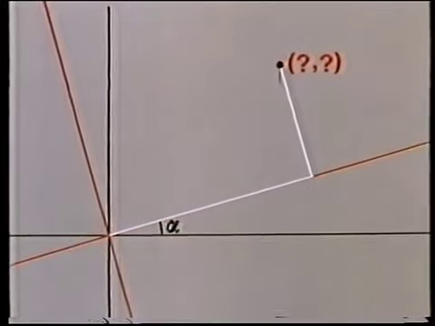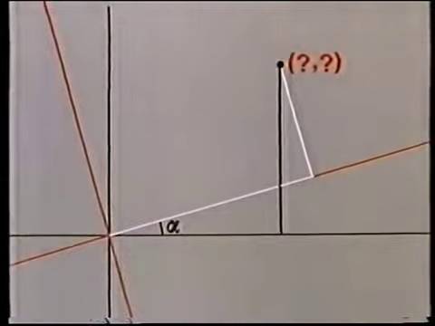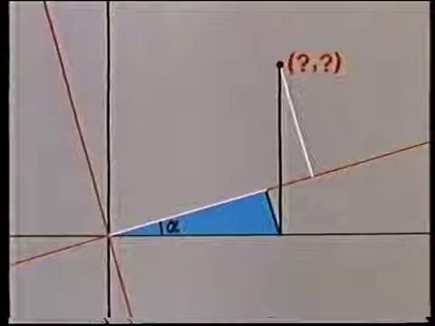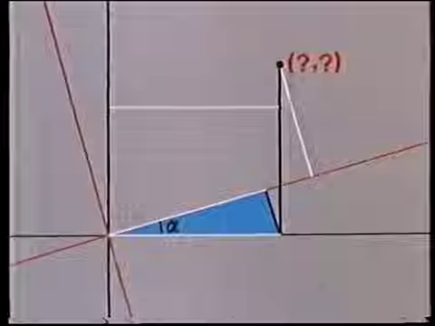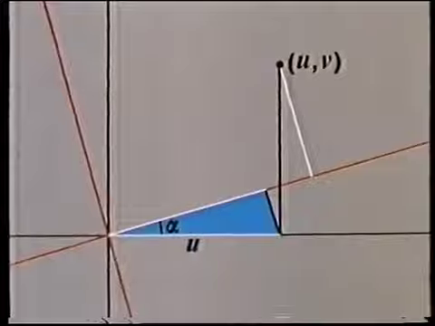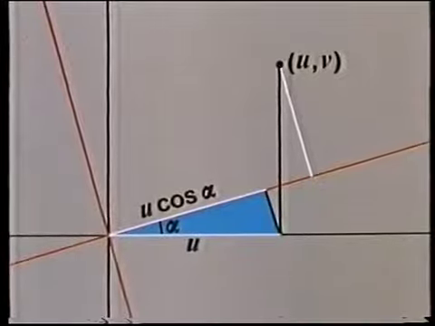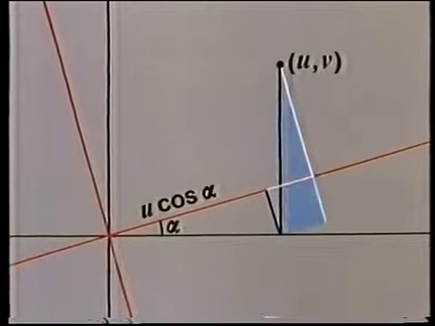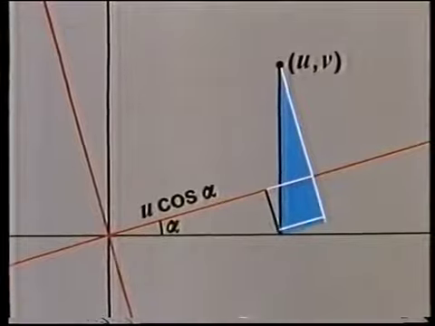We'll find this length in two parts. The first part comes from this right-angled triangle. Since the hypotenuse is of length u, the length we want is u cos alpha. What about the other length? To find this, we need to look at another right-angled triangle. It's just the length of this side.